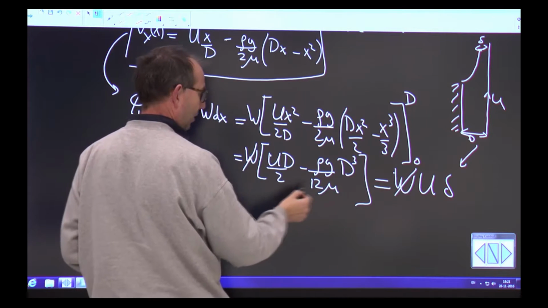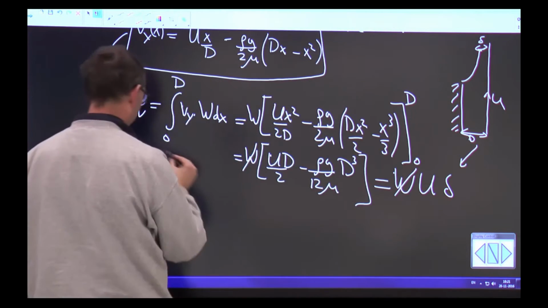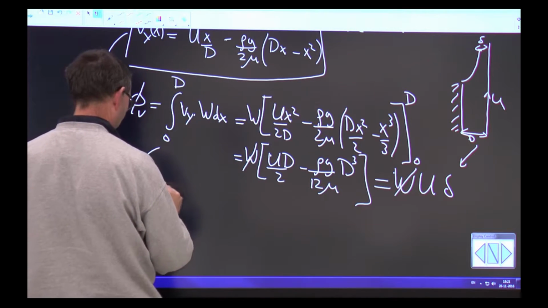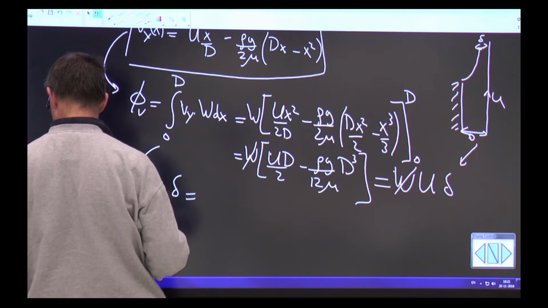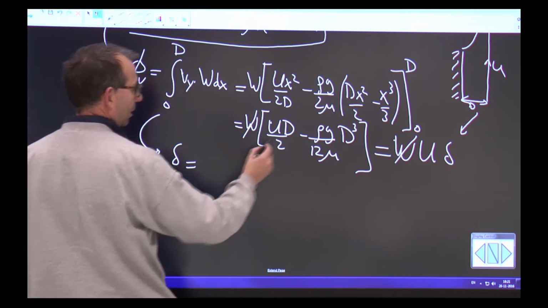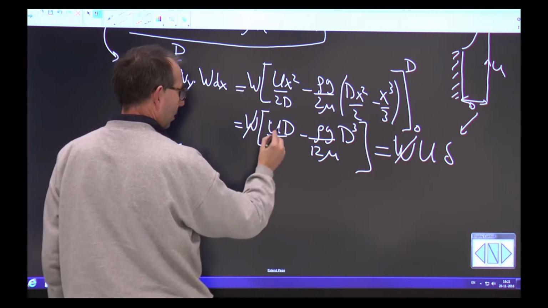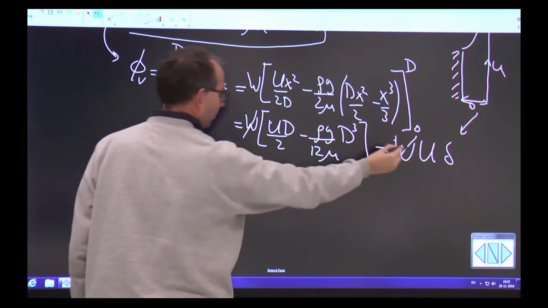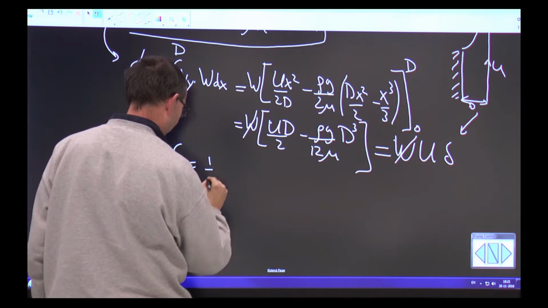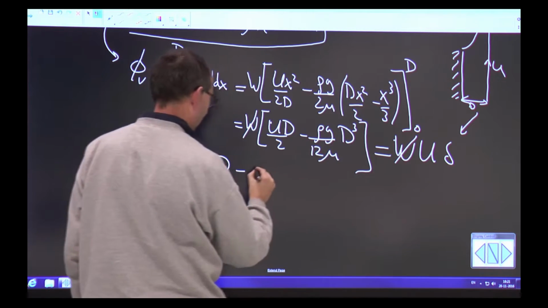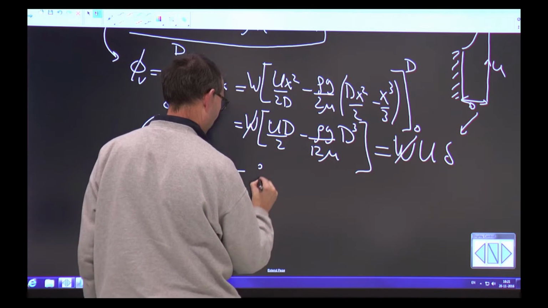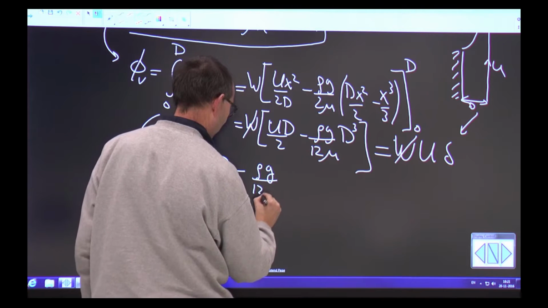I can divide one u out to isolate delta. Thus delta equals the u goes out, it is half d, and I need to subtract rho g over 12 mu.